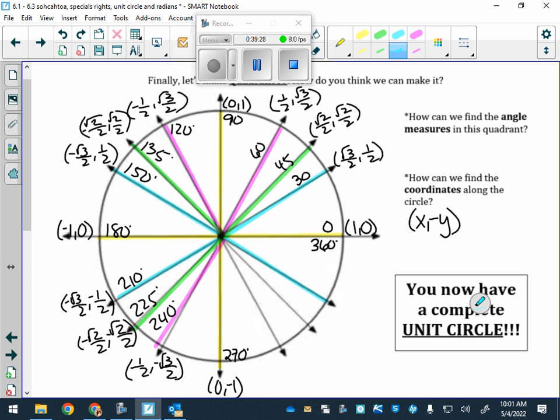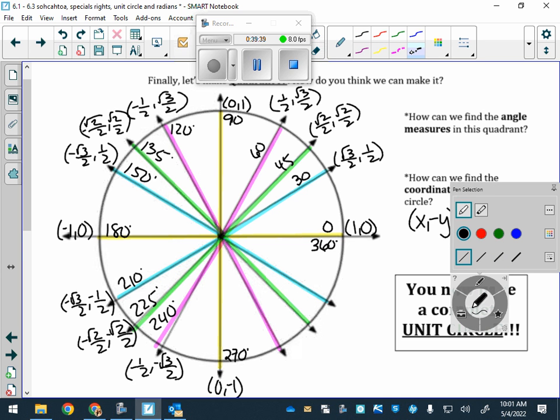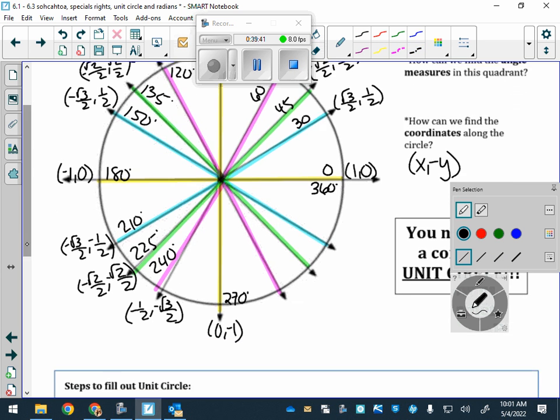Then we would have our green, then our purple or pink, whatever it is. So we would have root 3 over 2, negative 1/2, root 2 over 2, negative root 2 over 2, 1/2, negative root 3 over 2.